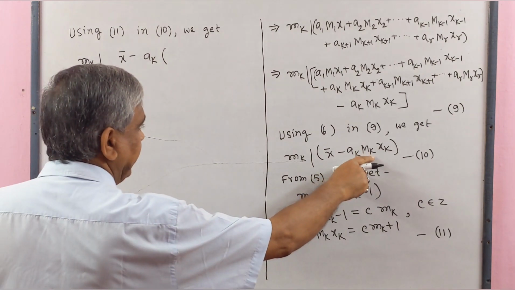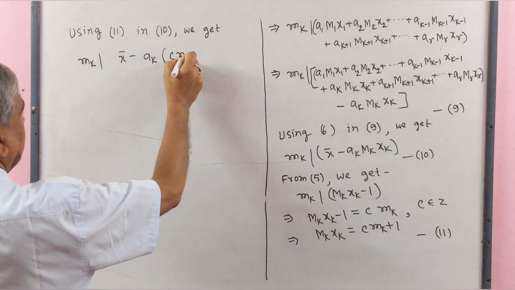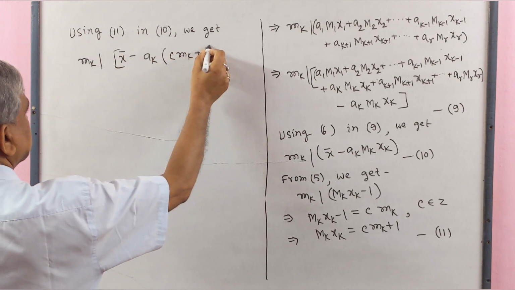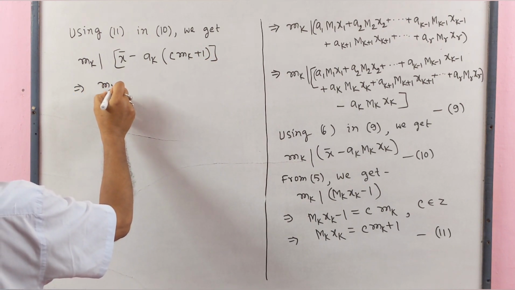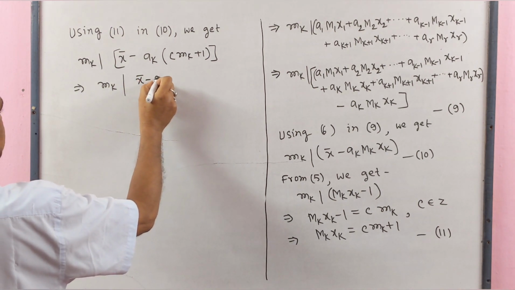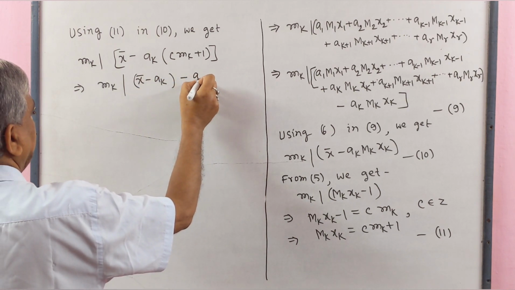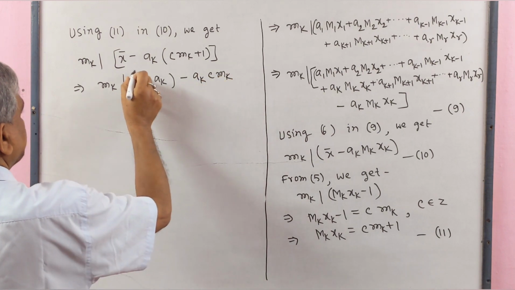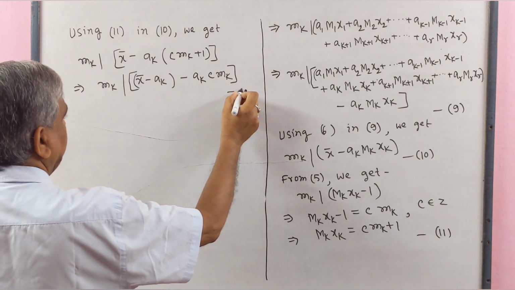In place of Mk xk we write c mk plus 1, implies that mk divides x bar minus ak minus ak c small mk. This is number 12.